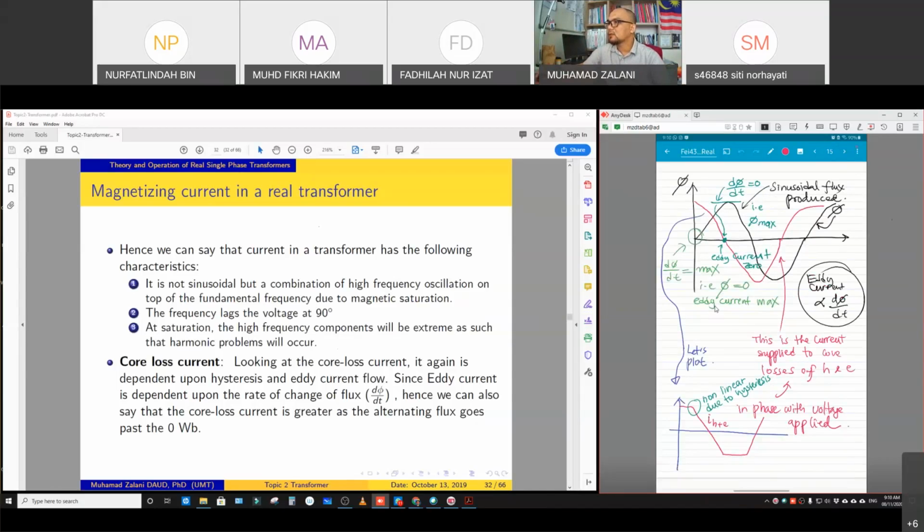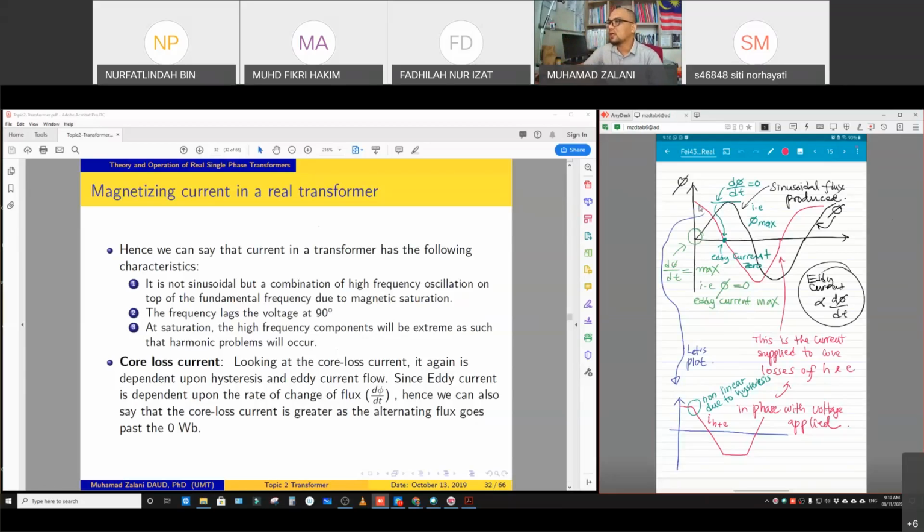since you know that the eddy current is d phi over dt. We have already seen this in our previous lesson. D phi over dt is eddy current.